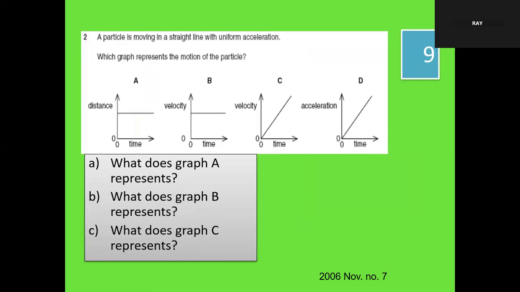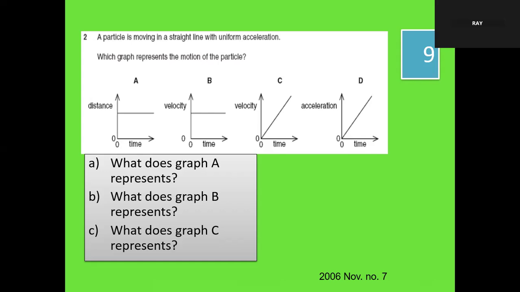A particle is moving in a straight line with uniform acceleration. Which graph represents the motion of the particle? What does A represent? Just distance, right? Velocity 0.